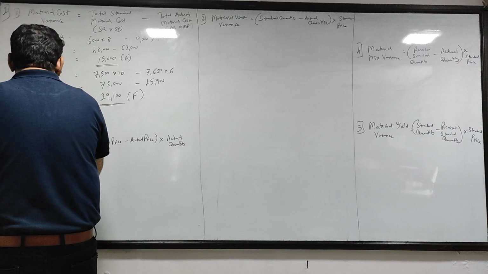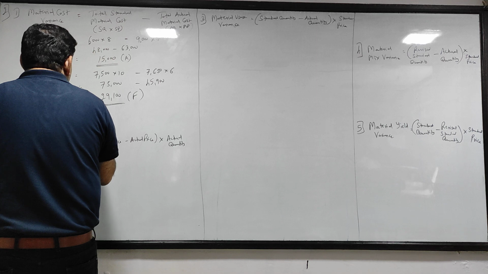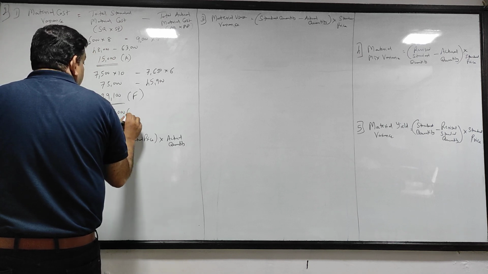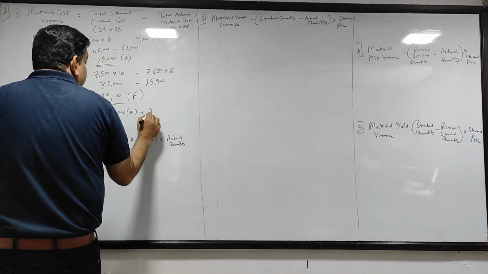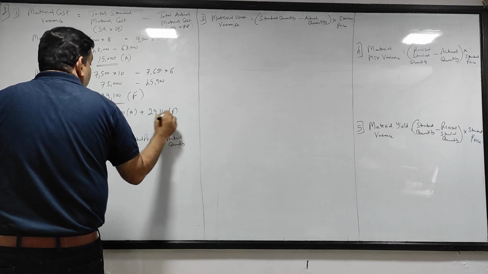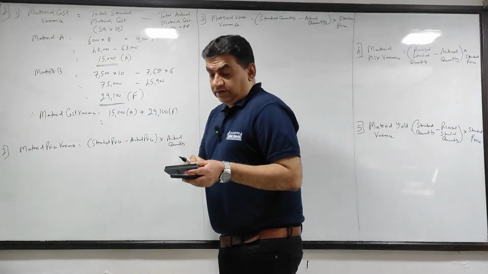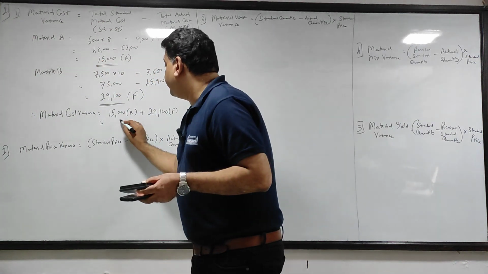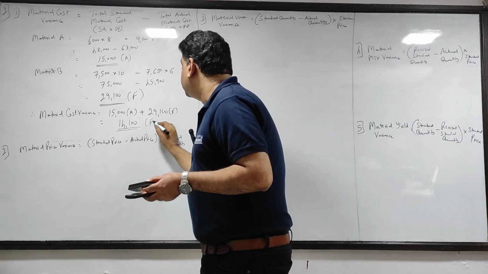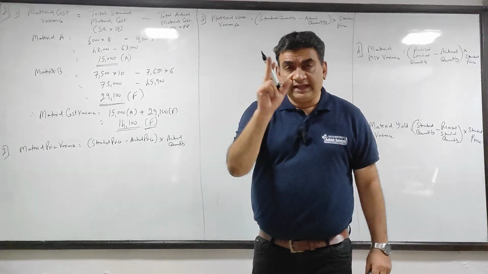Therefore, material cost variance is equal to 15,000 adverse and 29,100 favorable, therefore it is 14,100 favorable. Getting it, guys?